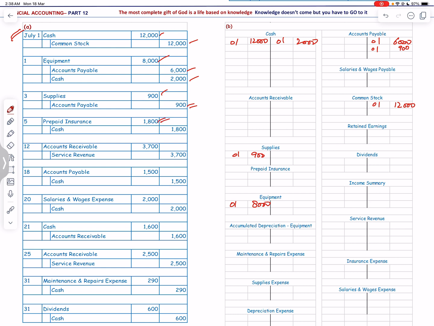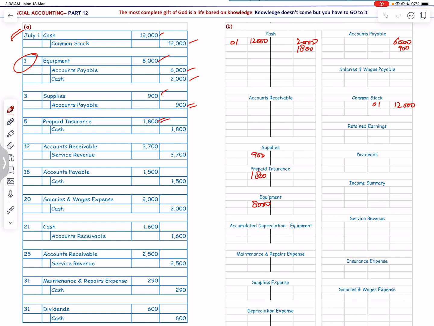Sorry, I think I have put the wrong dates. Give me a minute. Okay. So for accounts payable, 6,000, the date is 1st of July. Then supplies is 3rd of July.